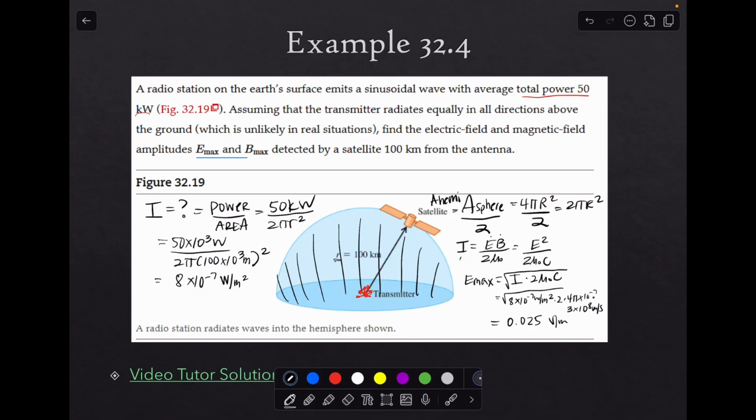Then we can figure out what B max is, because B max is equal to E max over c. So we take our E max divided by c, and you get a magnetic field amplitude of a little bit more than 8 picotesla.